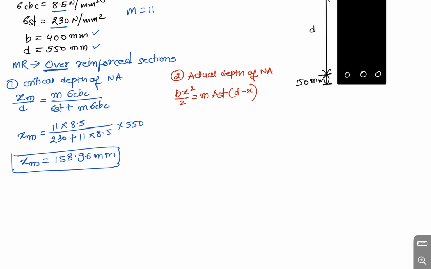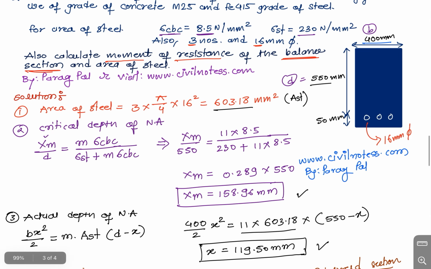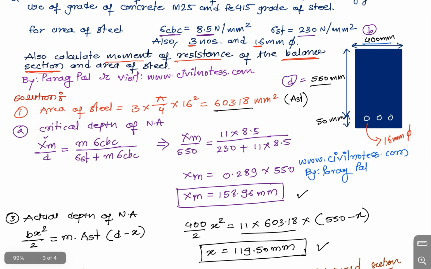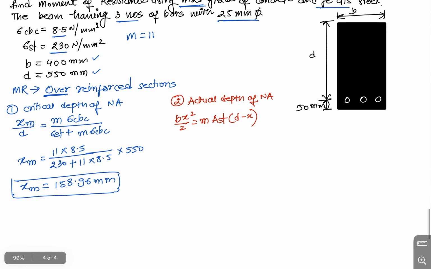In the last video I calculated Ast first, so I can show you that too: 3 number of bars multiplied by pi by 4 into diameter square. But here I directly started with the critical depth of neutral axis, because I can easily calculate it here also.